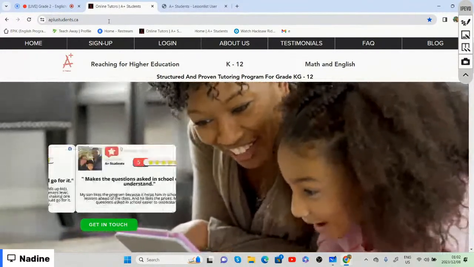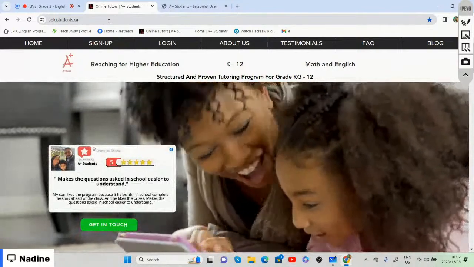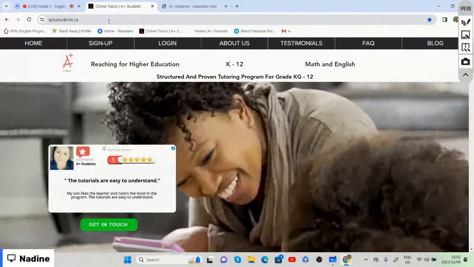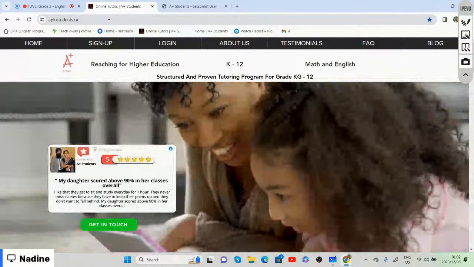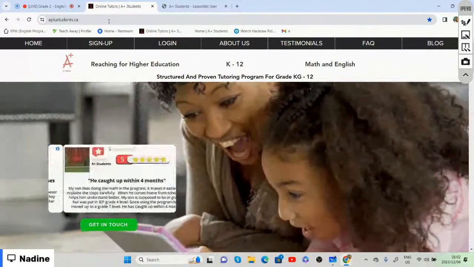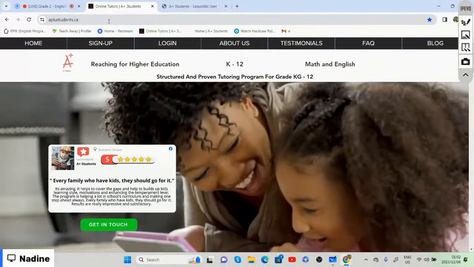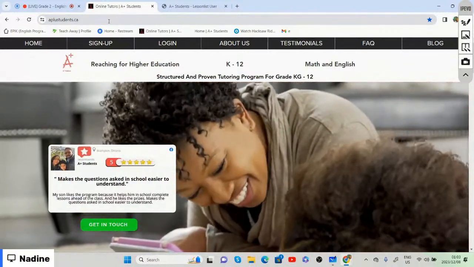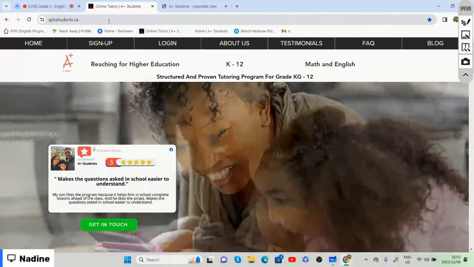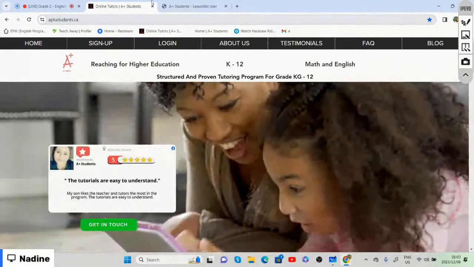Once we've logged in, we're going to select the subject of Language Arts, grade 2, and then scroll down until we get to the chapter of synonyms.